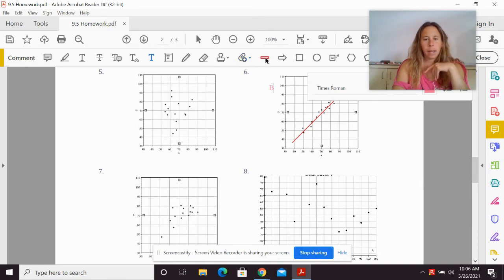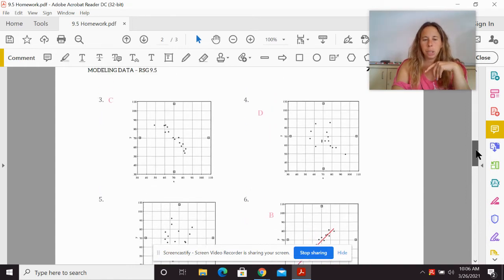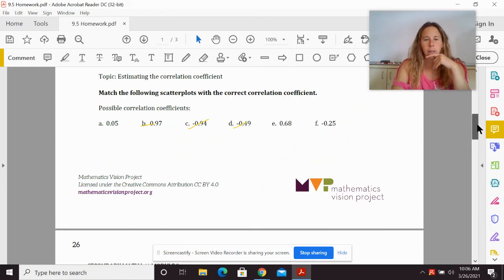My best fit line would be increasing as I drew it through them, something like that. Okay. So 7 is pretty strong positive. Okay, well, we have a really weak positive, kind of strong positive, and then a negative. Okay, so this one is going to be E.